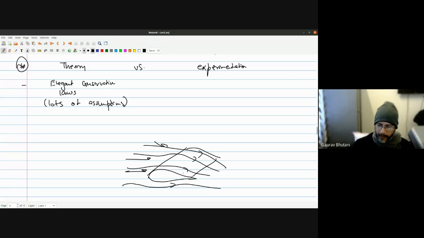Theoretically, you can calculate what sort of forces this flow will apply, and experimentally also you can measure these forces by figuring out the force you have to apply to keep the wing stationary if flow is happening past it. So in an experimental situation, you'll have real world constraints.